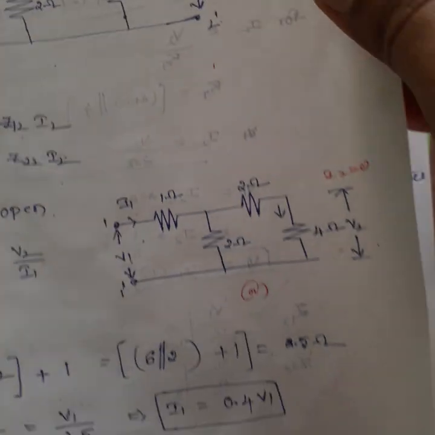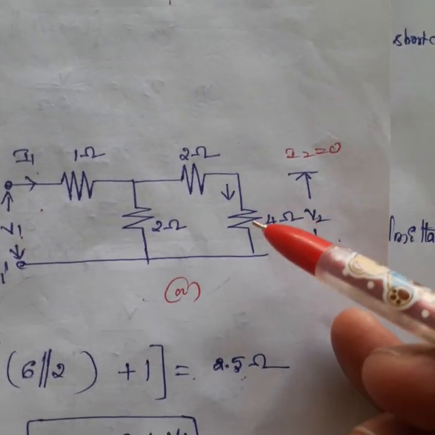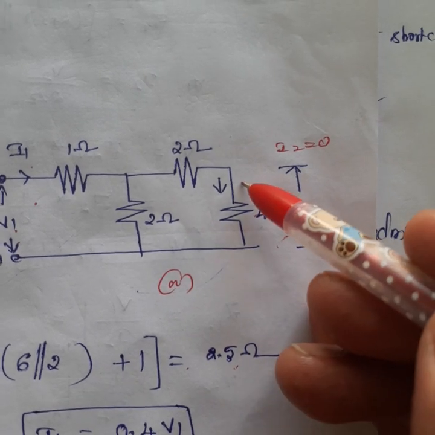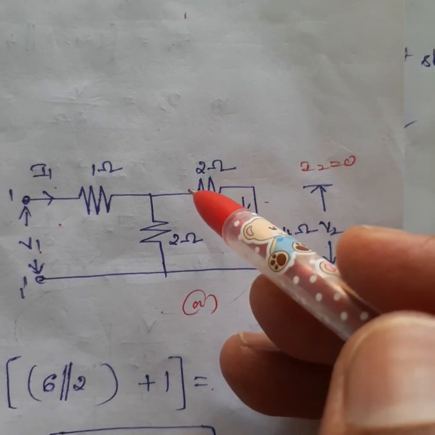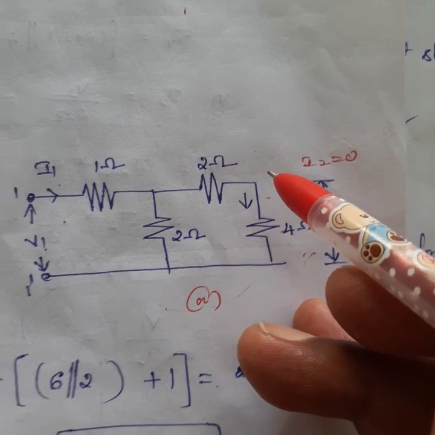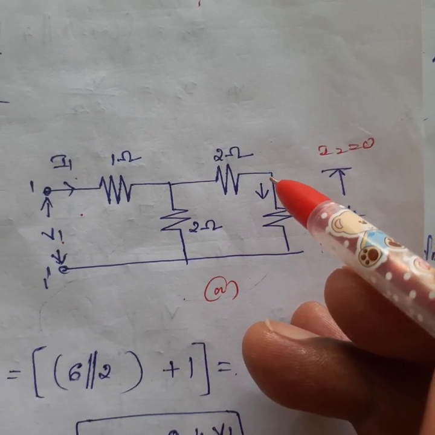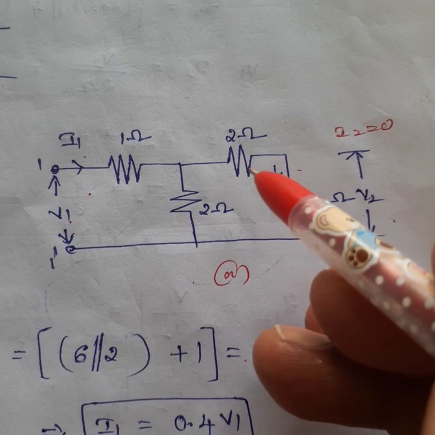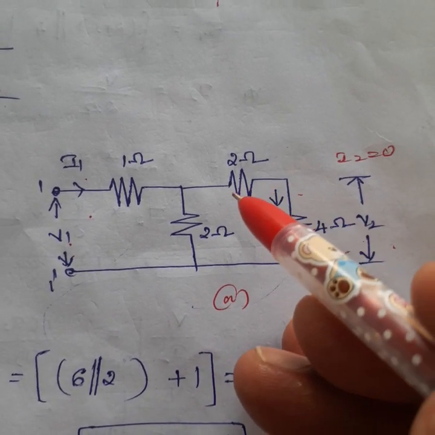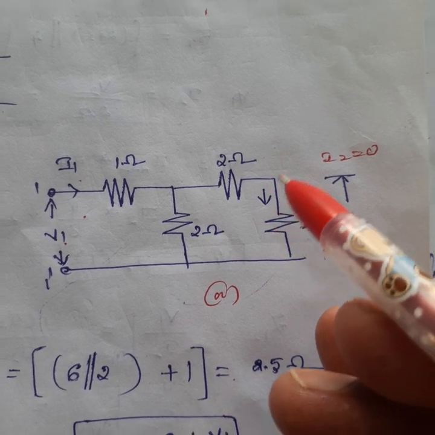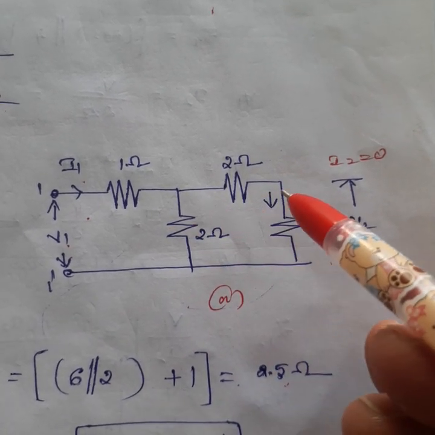So what is the current here? That is the current passing through the 2 ohm resistor. How to calculate it? Using the current division rule in this circuit, we calculate the current passing through the 4 ohm resistor. That's why I am using the current division rule.